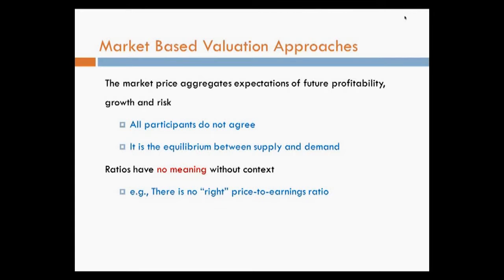You could be close to zero or negative earnings, and who knows what's going to happen there. So there is no right price to earnings ratio. It's a number that, in the context of other numbers, industry averages, historical levels, and other ratios, gives you a clue.